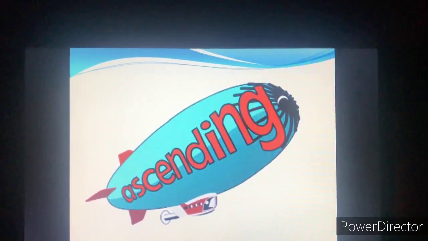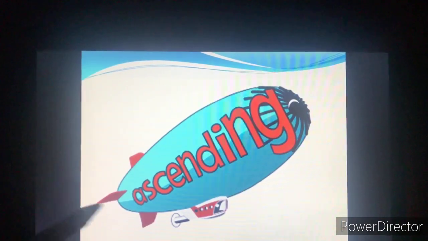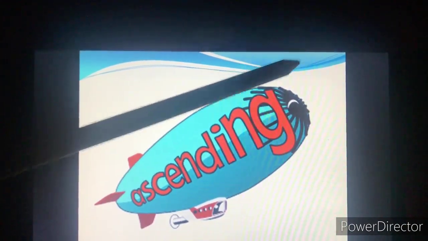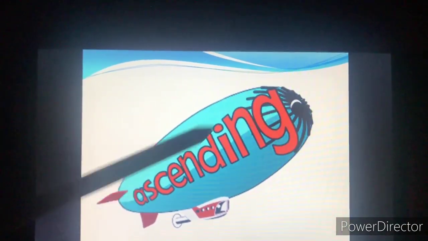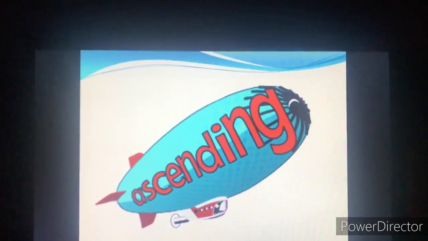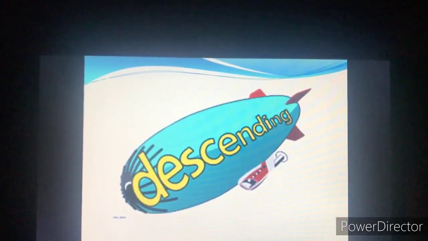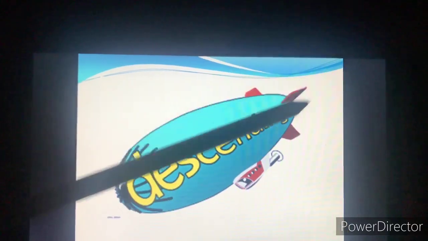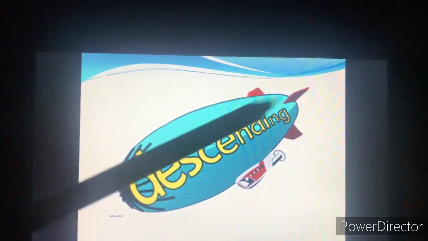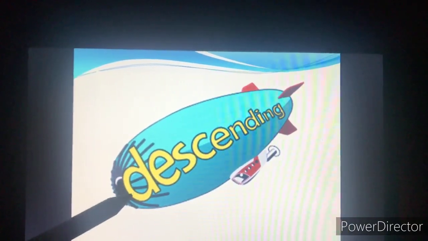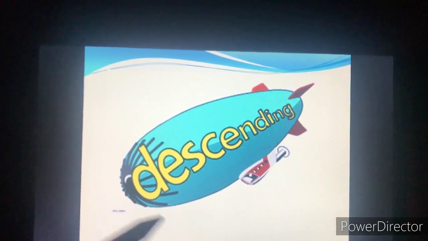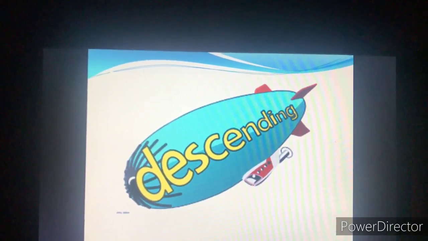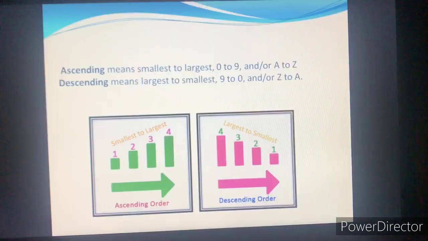Yes, ascending means going down to up, okay? From smaller number to higher number. And what about the descending? Yes, from higher number to smaller number or coming down. D for down, D for descending. So that's the difference in ascending and descending.